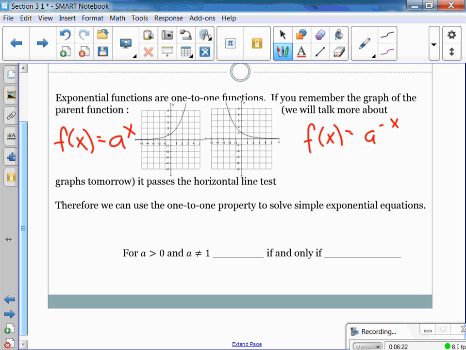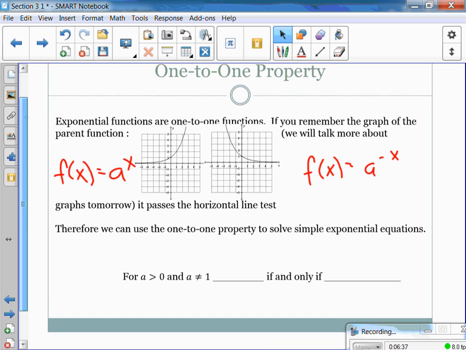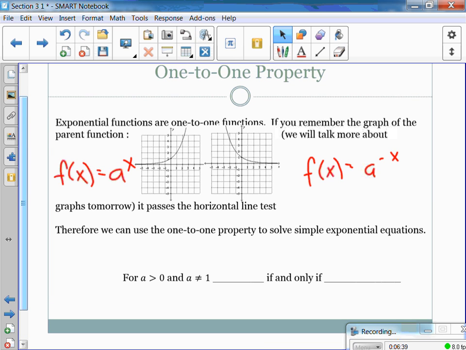So either one of these graphs we look at, they pass the horizontal line test. Horizontal line test testing for? Testing for 1-to-1. 1-to-1, as we learned before, especially when it comes to graphs, means that it has an inverse.